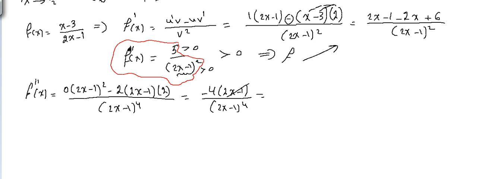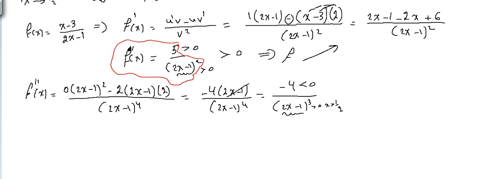We can simplify one of the 2x minus 1 factors in the numerator with one in the denominator, and it will be minus 4 over 2x minus 1 to the power 3. The numerator is negative, so it depends on the sign of the denominator, because it's a cube. If 2x minus 1 is positive, then x is greater than half.